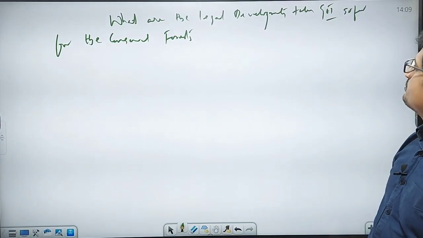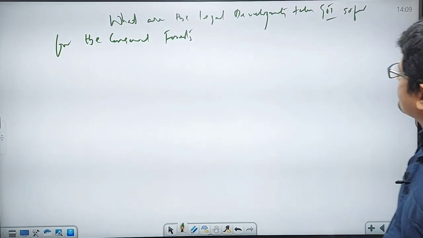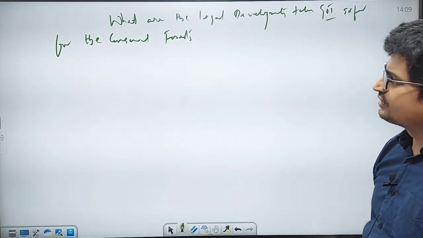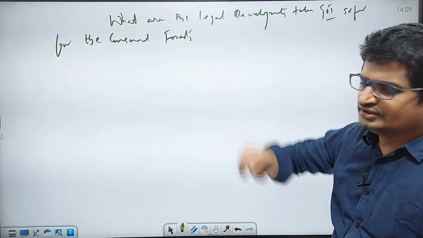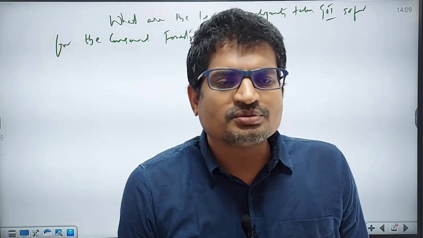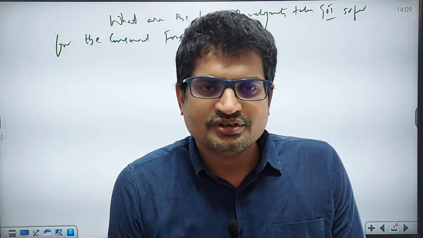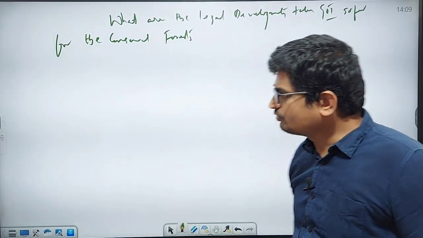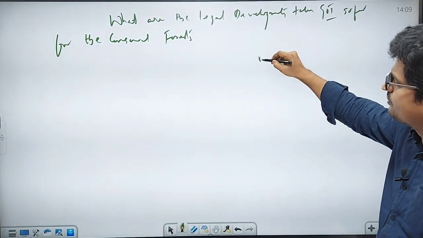What are the legal developments taken by the Government of India so far for the conservation of forests, or discuss the legal provisions of India for the protection of forests. For this, what is the mind map for this question?